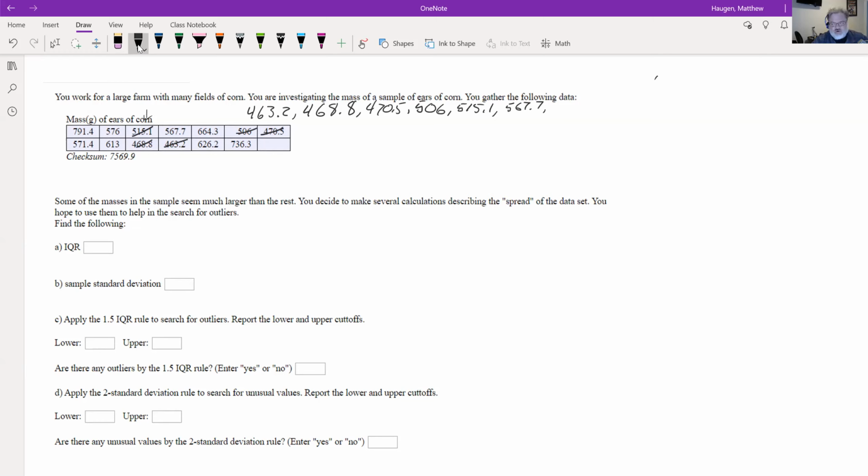So our median, or Q2 if you prefer, is the 571.4.